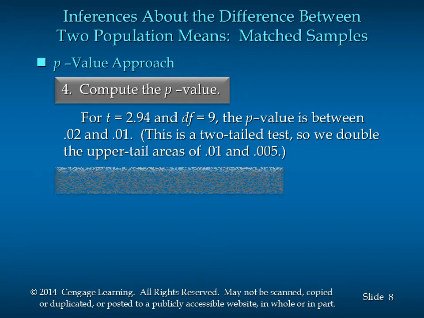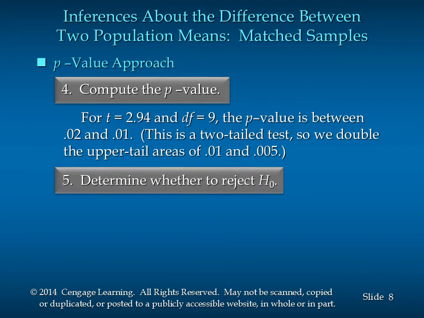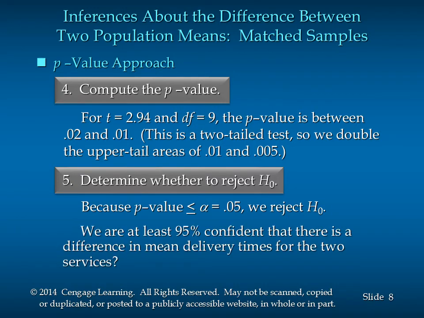We are going to determine whether to reject based on the p-value. If it's less than 0.05, we're going to reject H sub 0, and indeed you're going to come in at about 0.02 to 0.01. So there is a difference. The decision at this point is that one of the companies is delivering quicker than the other.